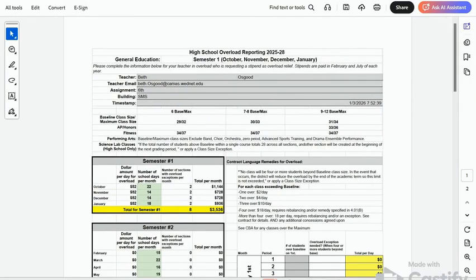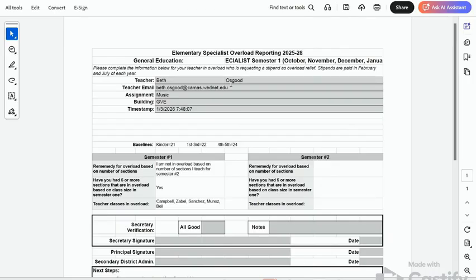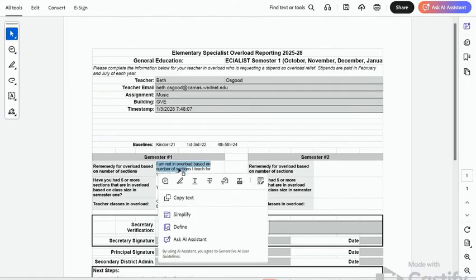For example, here is the elementary overload number 2 for specialists. There are 2 different ways specialists can get overload. One being that they have more than 40 sections at 30 minutes or more than 29 sections at 45 minutes. If they qualify under that, it'll go here.